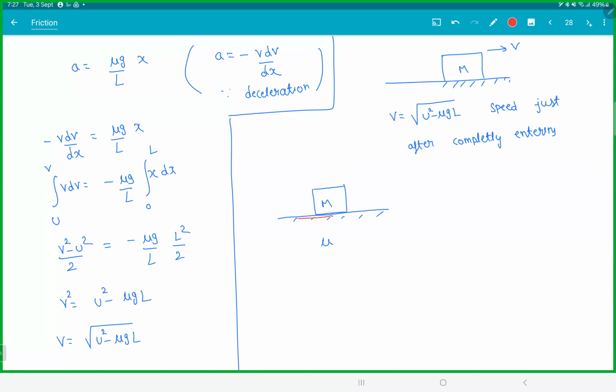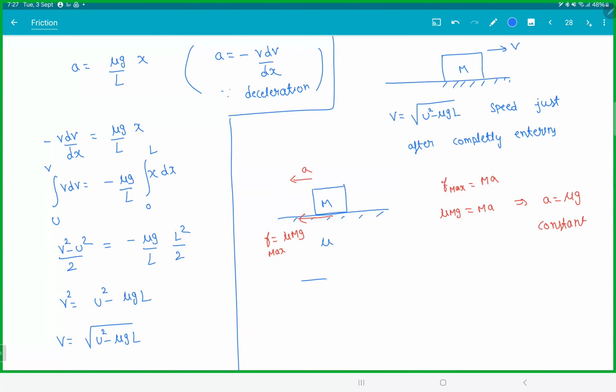Now what will be the friction? Now friction will be maximum, right? Because it is skidding. It will be mu capital M g. This is the acceleration. So F max is equal to m a. Mu m g is equal to m a. Now the acceleration is constant. Is that making sense? Once you've completely gone inside, friction will be the full weight.